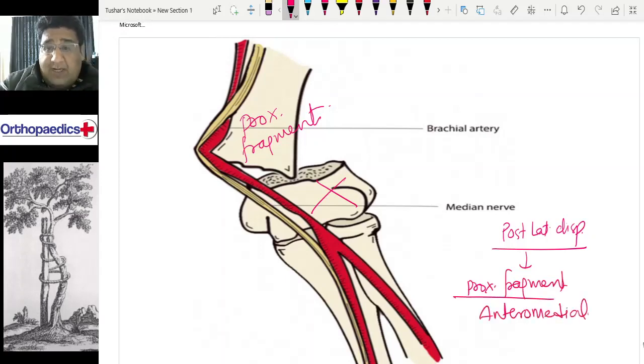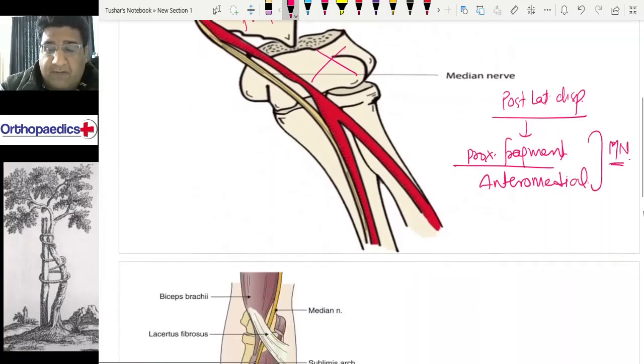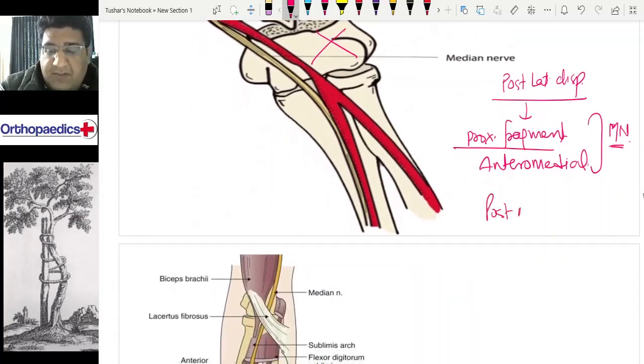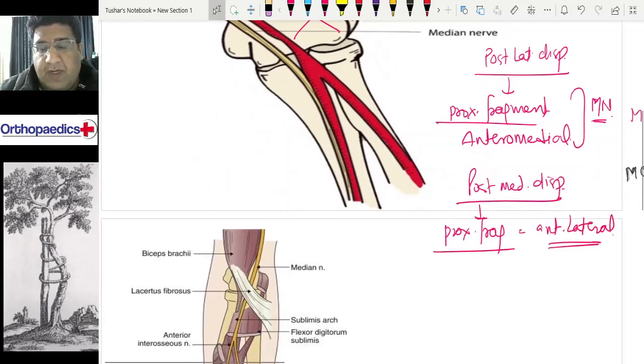And what lies anteromedially? Median nerve. Now in posteromedial displacement, this displacement is of which fragment? Distal fragment. So the proximal fragment is going to go in which direction? Anterolaterally.